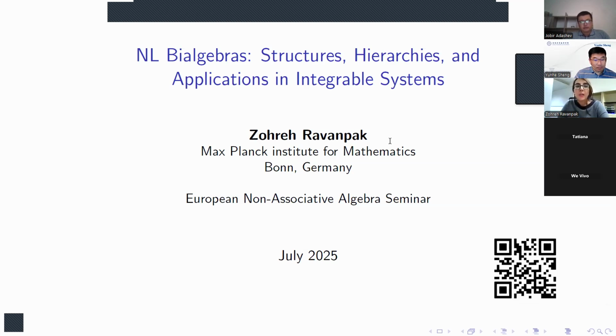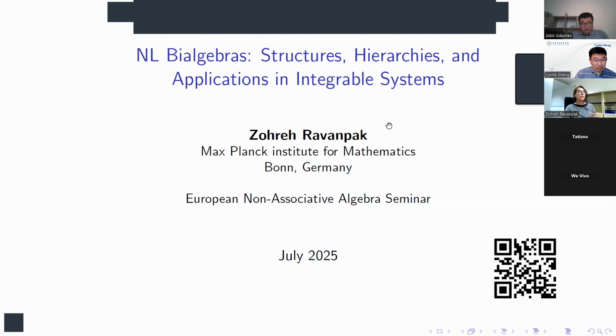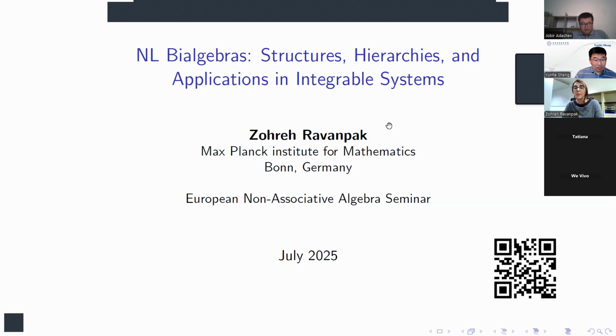They are a new algebraic concept analogous to Poisson-Nijenhuis structures on manifolds. So I would like to begin with a review of Poisson-Nijenhuis structures on manifolds. I will try to make definitions brief, but don't hesitate to ask me questions.